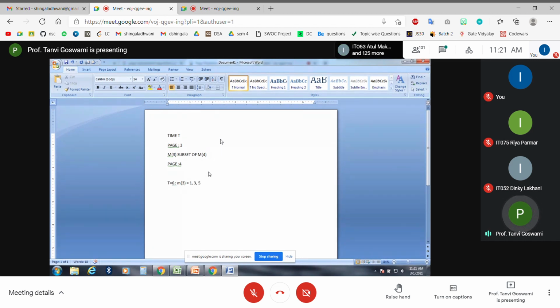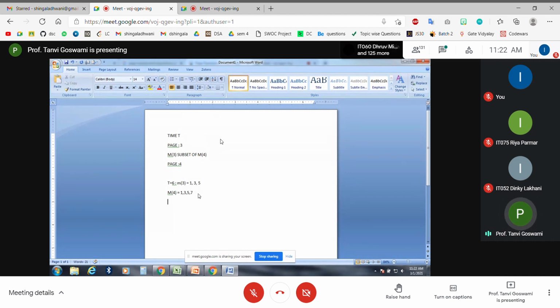And the memory with page frame 4 has data 1, 3, 5 and 7. So the above rule is satisfied, that is M of 3 is a subset of M of 4.